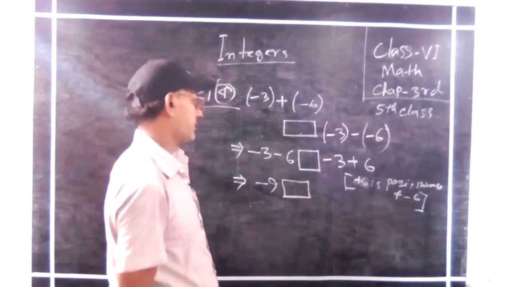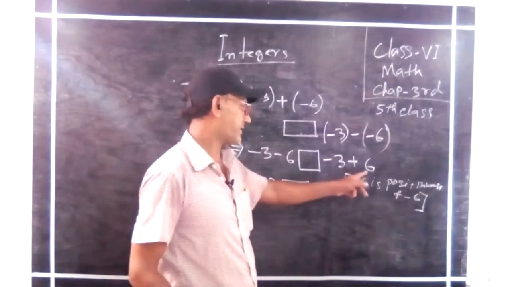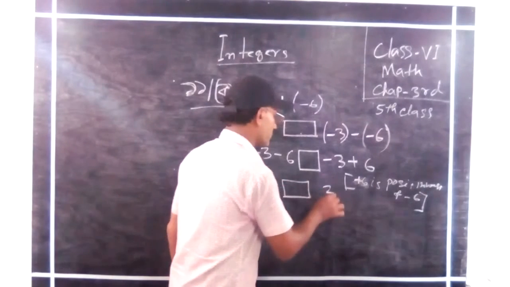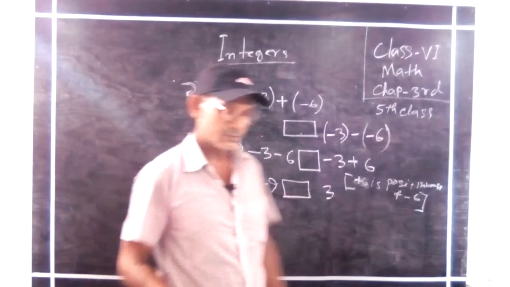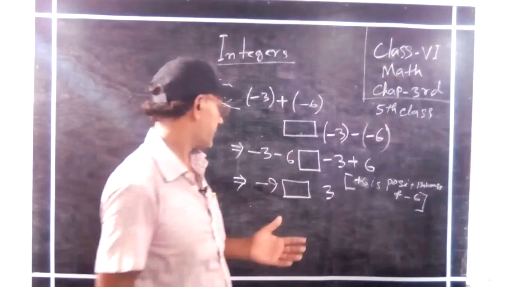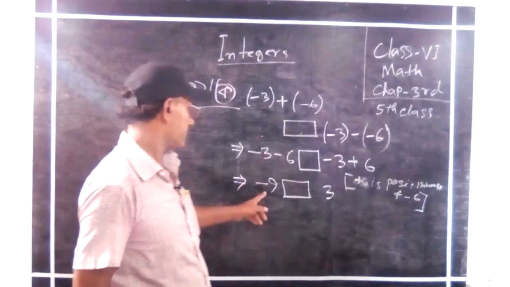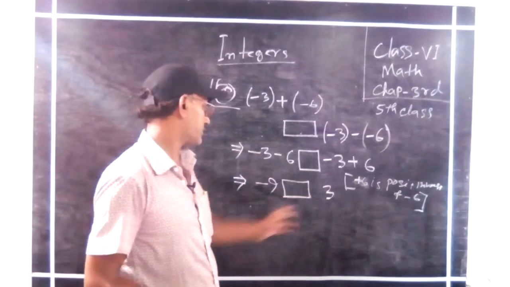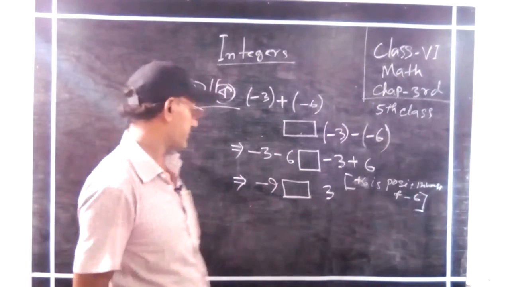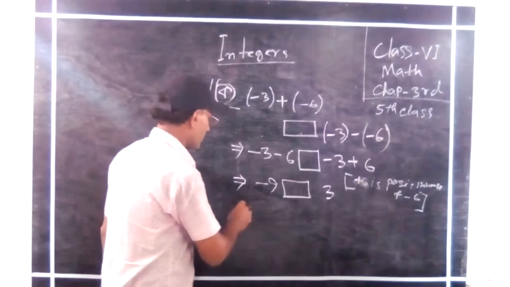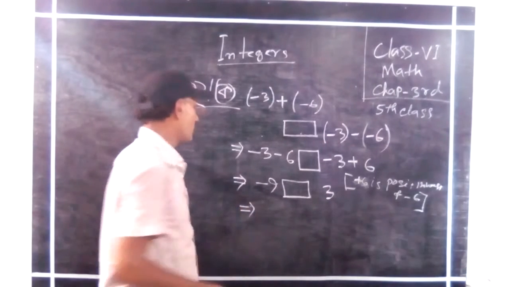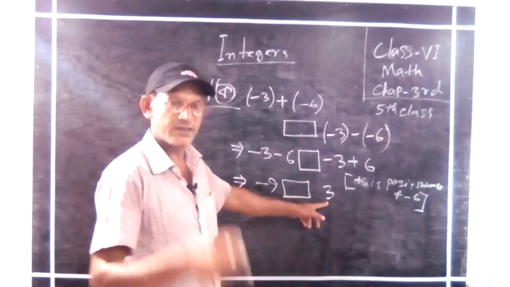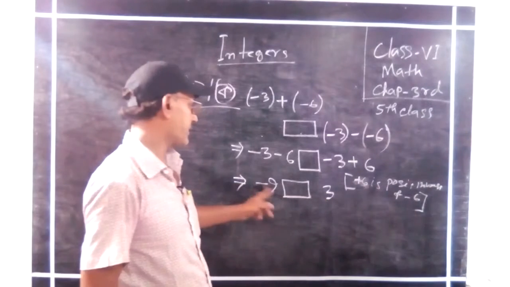Here minus 3 plus 6, that means plus 3. Here, which is the bigger of the two numbers? We have seen plus 3 is greater than minus 6.